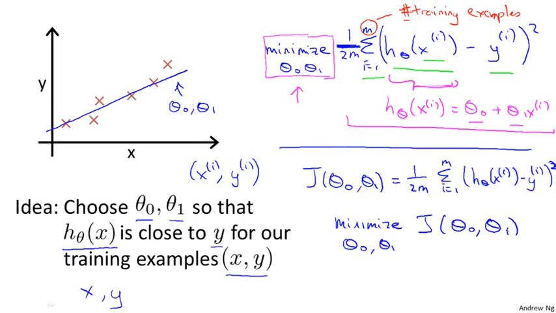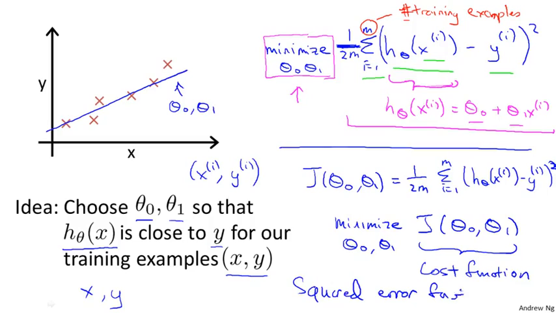This is my cost function. So this cost function is also called the squared error function, or sometimes the squared error cost function.